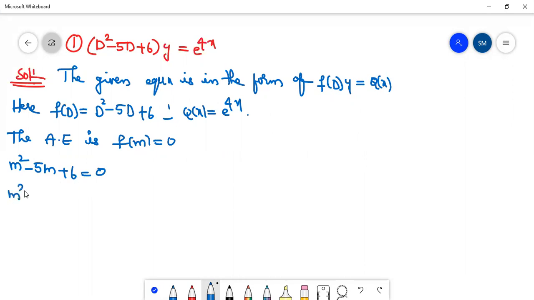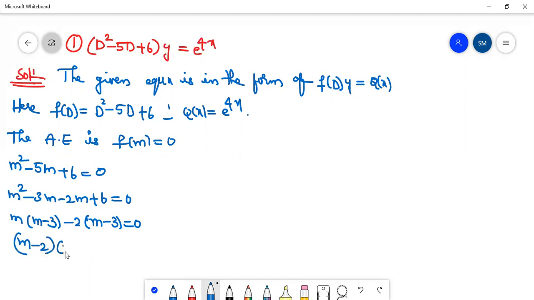So we can write minus 5m as minus 3m minus 2m plus 6 equal to 0. Taking m common, m into m minus 3, minus 2 taking common, m minus 3 is equal to 0. The factors will become m minus 2 into m minus 3 equal to 0. Here the roots are 2, 3. These are real and distinct.